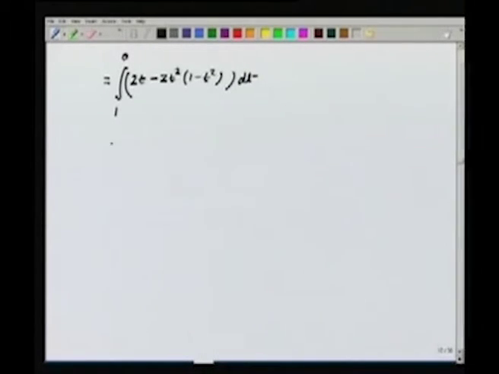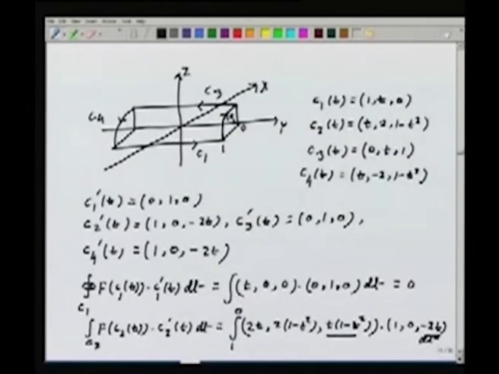Okay. Now this integration can be easily calculated, and if you calculate this, I leave it as an exercise, it will turn out to be minus 11 by 15. Check this. Okay. Then C2 has been taken care of.